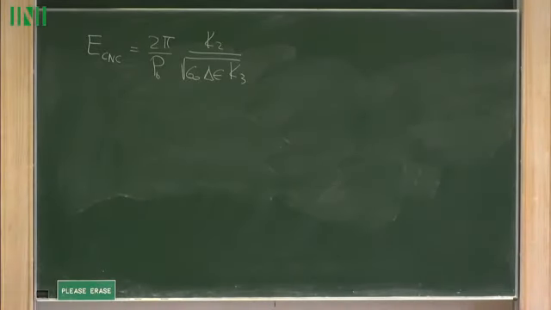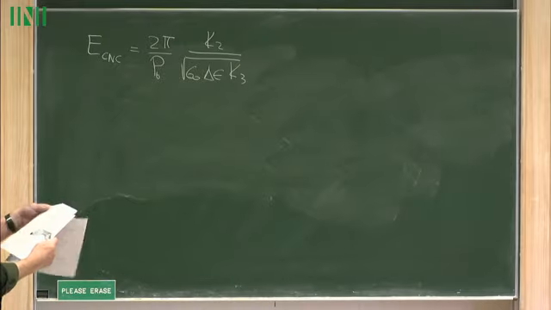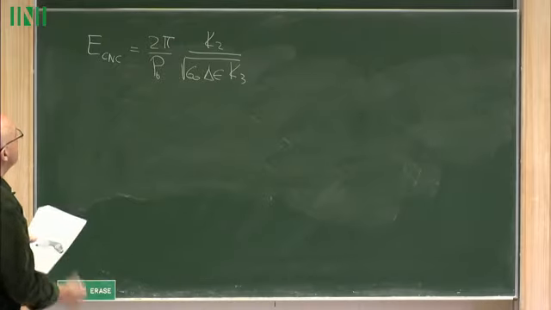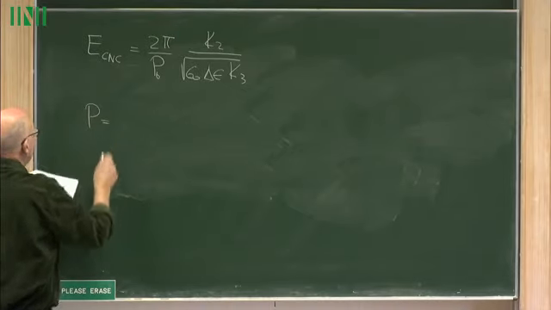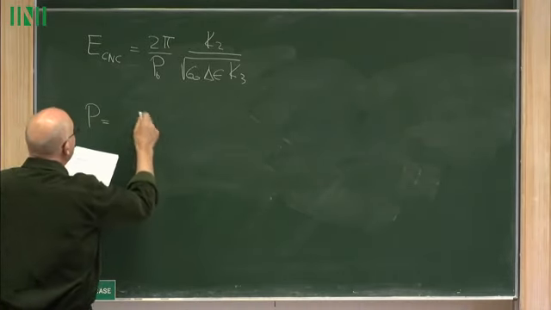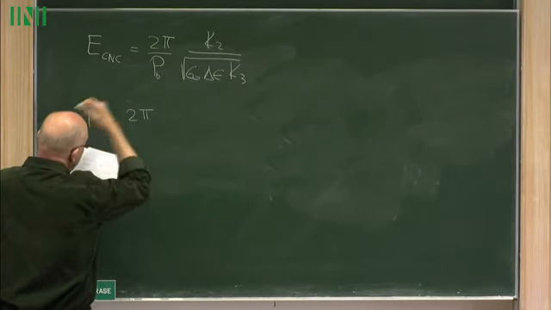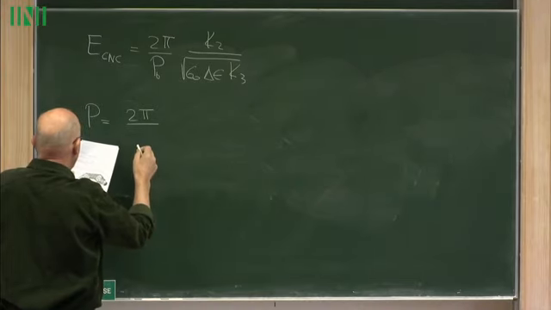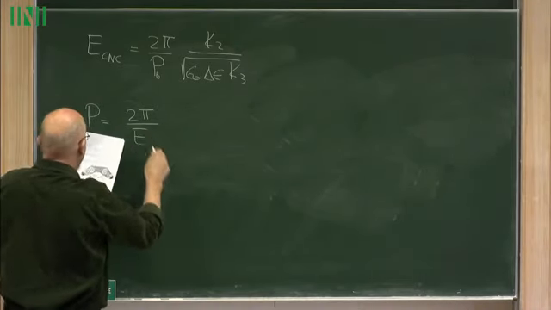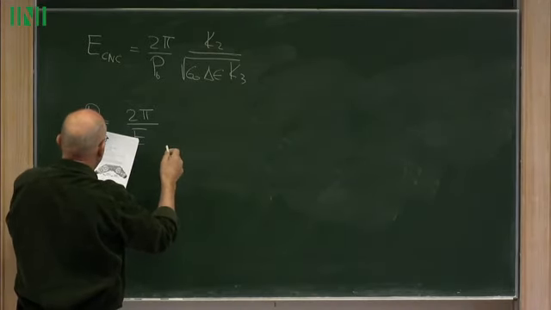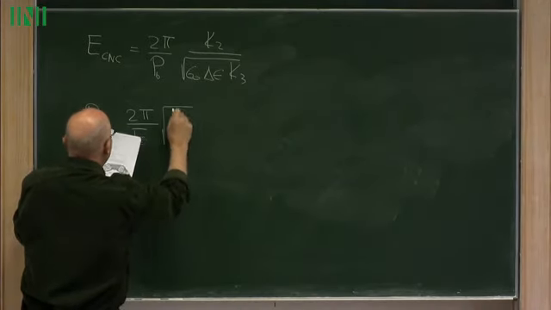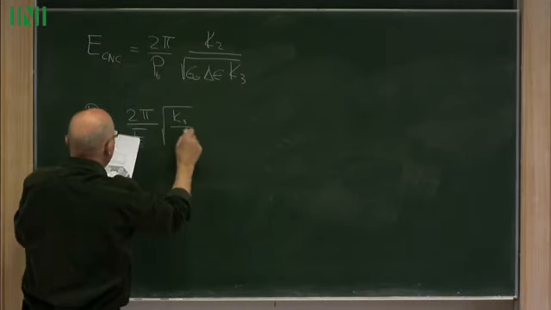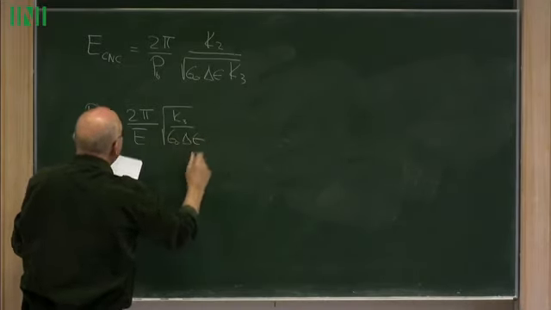So this is the field where the unwound nematic becomes chiral again, and there are some really interesting things that come out. The pitch in the heliconical structure is 2 pi divided by the electric field E times the square root of K3 over epsilon naught delta epsilon.